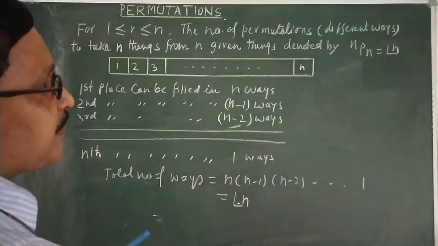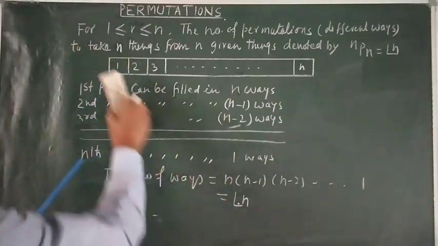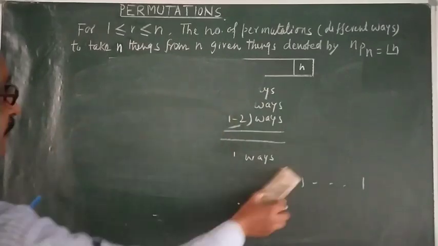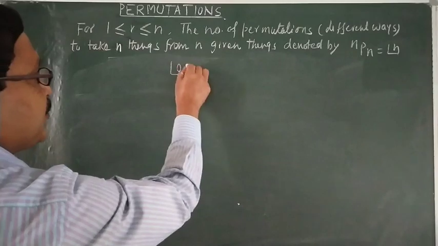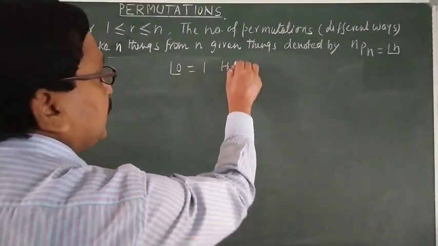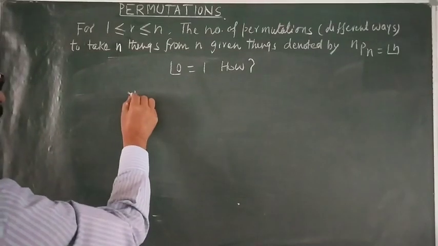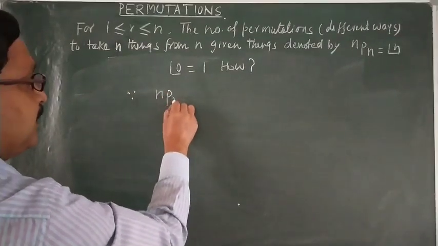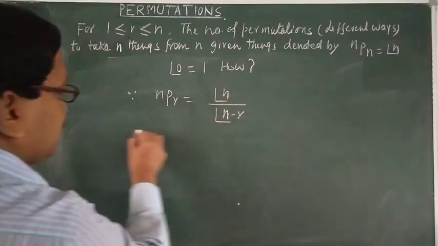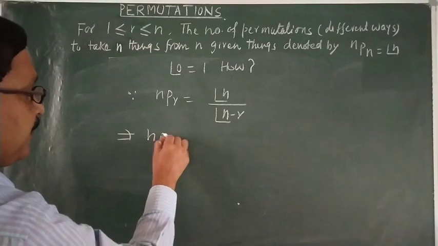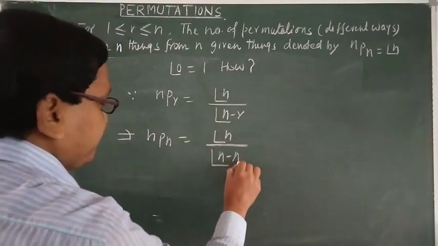So after knowing nPn is equal to factorial n, in this way we can give the proof of a very interesting fact of mathematics, that factorial 0 is equal to 1. How? Since we know that nPr is equal to factorial n upon factorial n minus r, likewise nPn is equal to factorial n upon factorial n minus n.